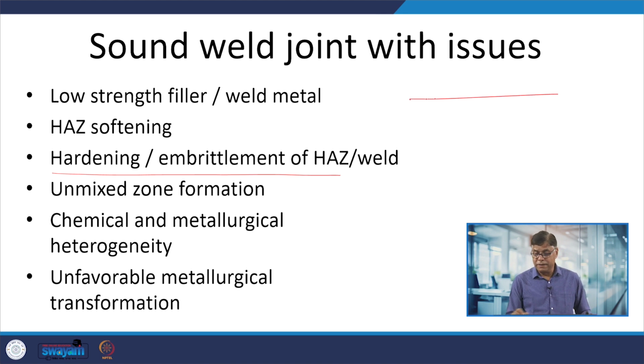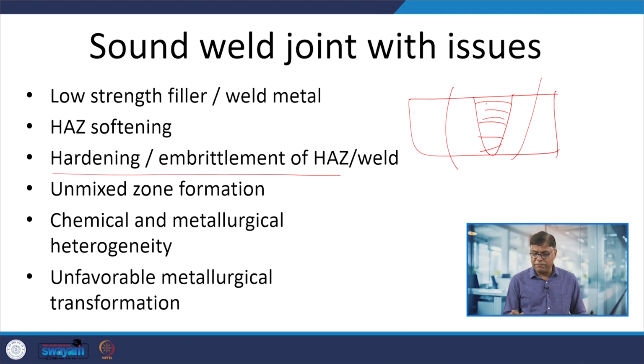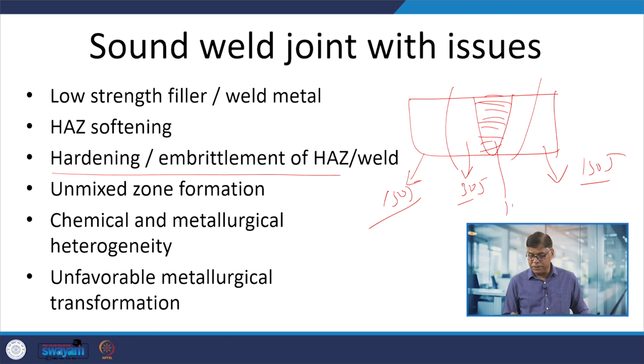This is the case when say this is the weld metal, it is sound. HAZ is also sound, no cracks whatsoever, but the properties have got altogether in such a combination that they do not serve the purpose. Like say the base metal toughness is 150 joules, both the sides, but the heat has modified the HAZ properties to 30 joules and weld metal properties to 10 joules.